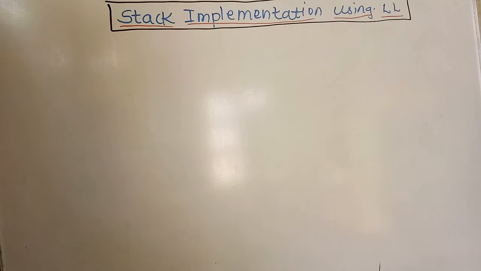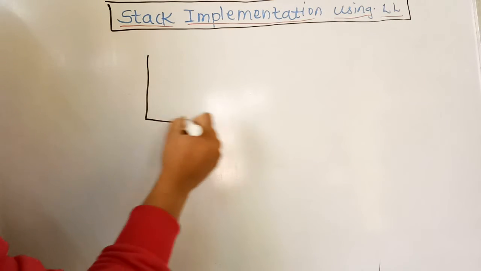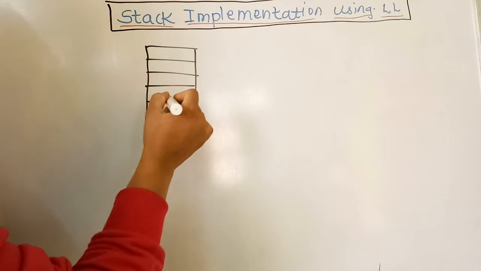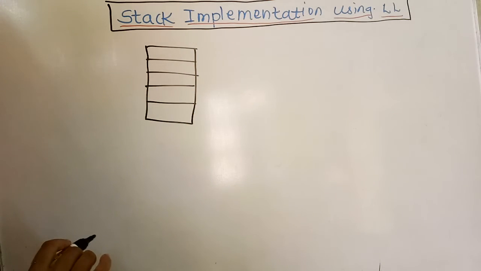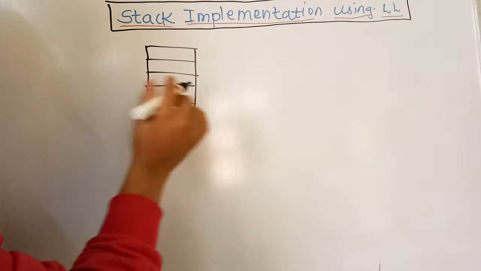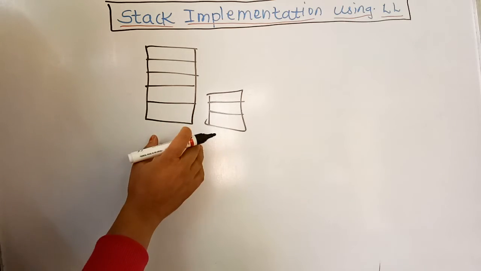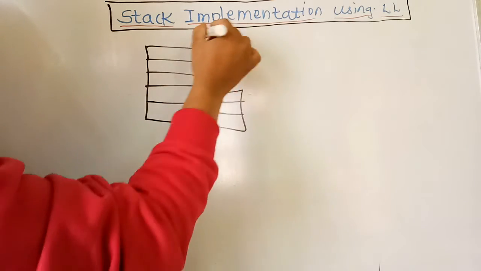Array implementation has certain limitations, such as the stack cannot grow or shrink during the execution of a program. For example, we have allocated memory for only 5 elements. Then, at the time of execution, you cannot shrink it or grow it.